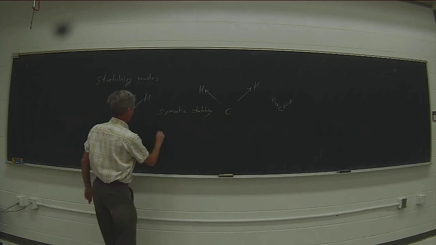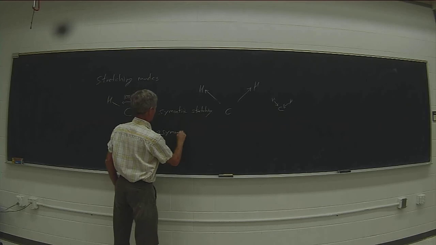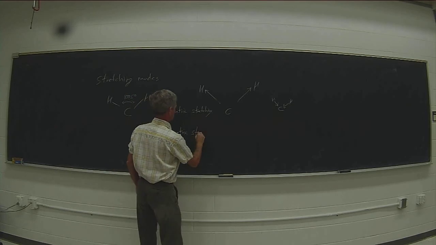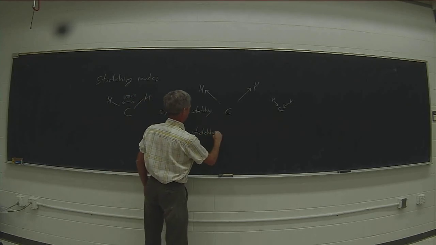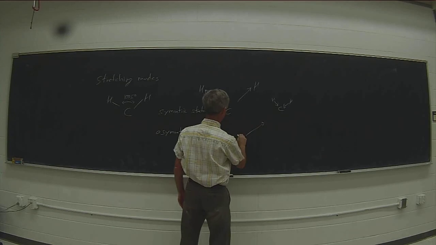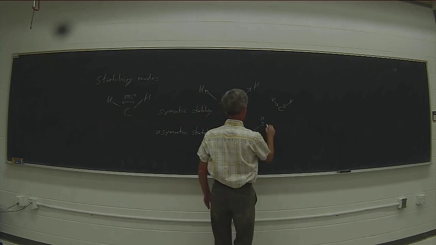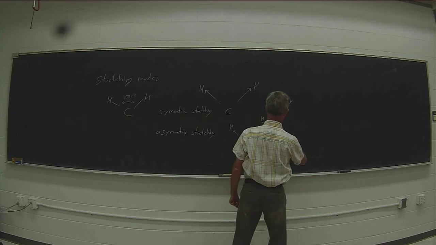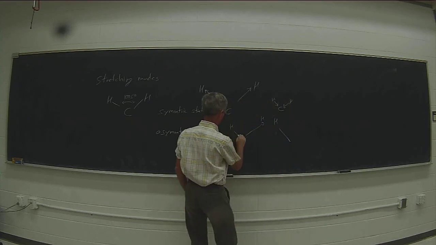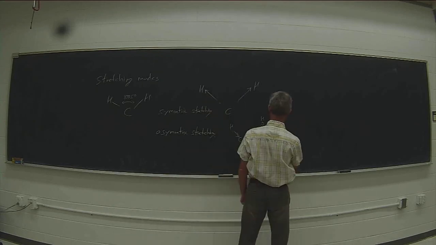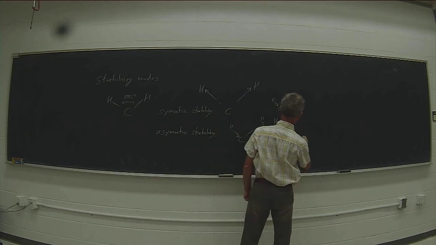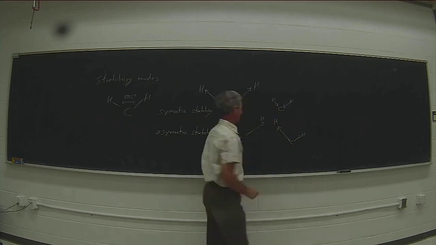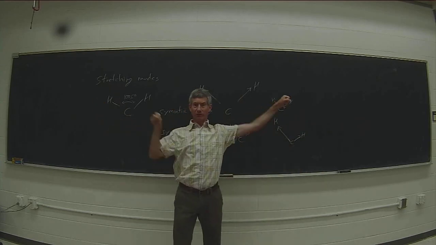Or we can identify asymmetric stretching, which will have one carbon-hydrogen bond lengthening while the other one shortens, and then the opposite. Asymmetric stretching would look like this.